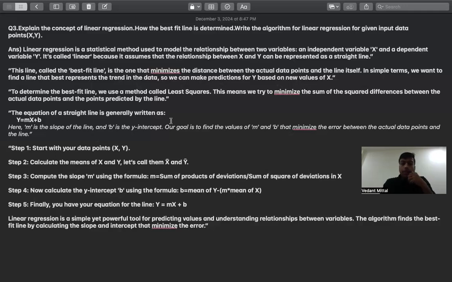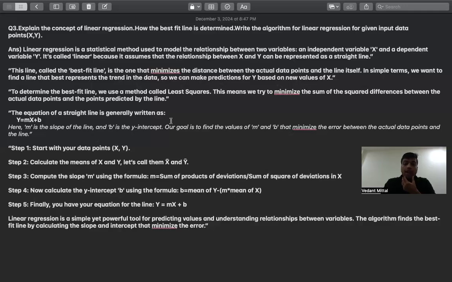The fourth step is to calculate the y-intercept b using the formula: mean of y minus the slope multiplied by mean of x. Finally, we have the equation of the line y equal to mx plus b. So we got the value of the slope m and the y-intercept b.